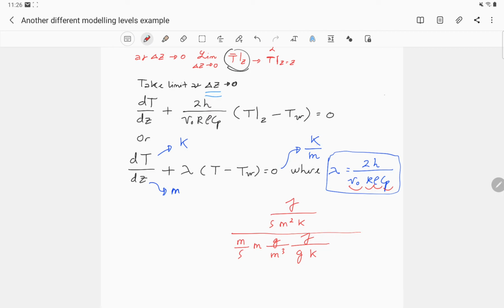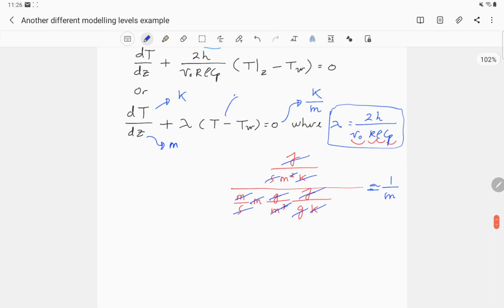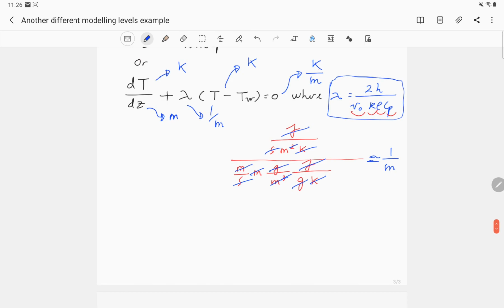So we can start cancelling the terms: joule, meter, gram, second, Kelvin, and finally this one, so we will have a unit of 1 over meter. These terms have the unit of K, and this one will be 1 over meter. So that means we have a consistent unit.